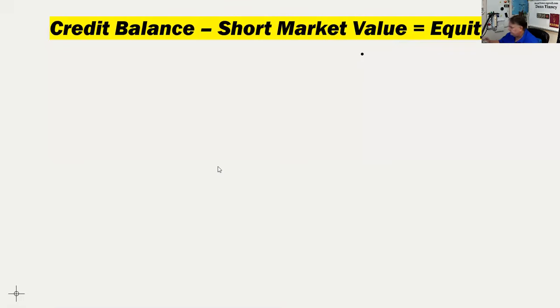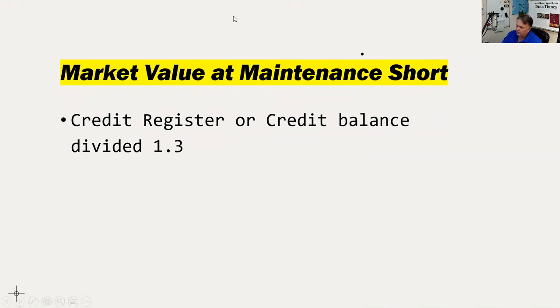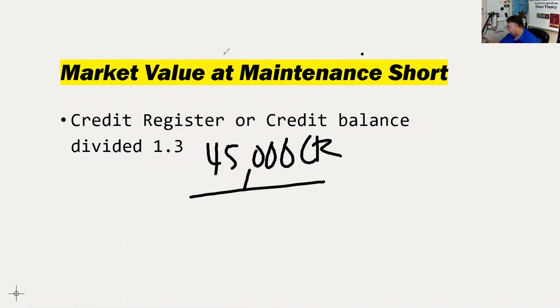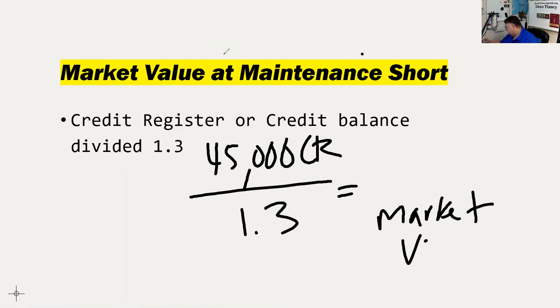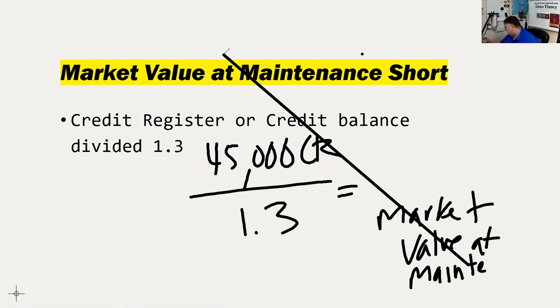So the way we do that is we take the credit register, the cash in the account, which in this case is $45,000, and we divide by 1.3. Then we find out how far up the SeaWorld could go before I would have a problem. Maybe I put a buy stop there, or maybe I buy a call or do something. Selling short is pretty dangerous.